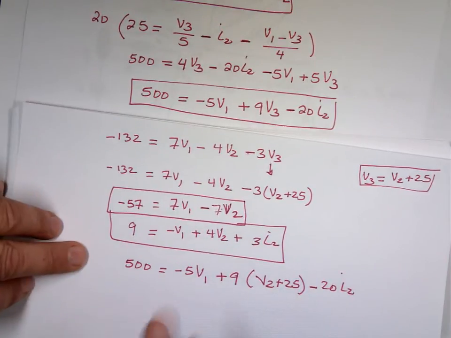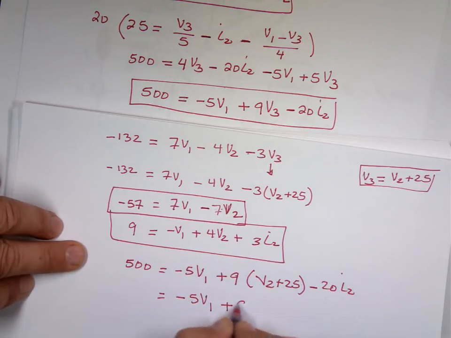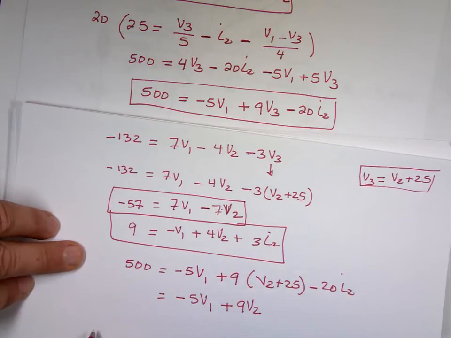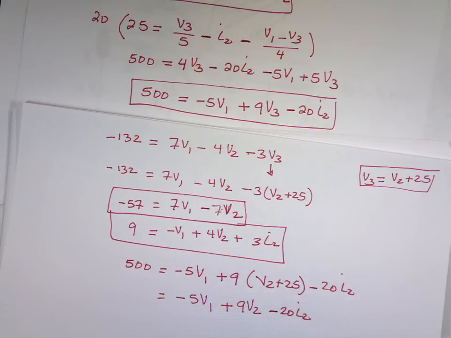Negative 5V1 plus 9V2 minus 20I sub 2. What is that going to equal? 9 times 25, so 500 minus 9 times 25. 275?